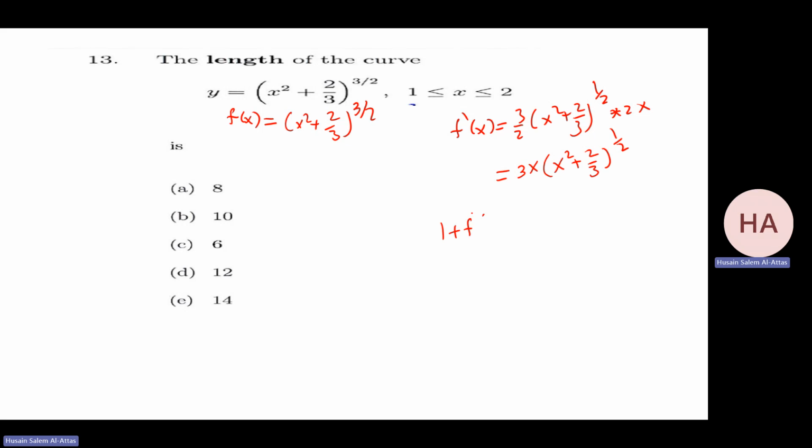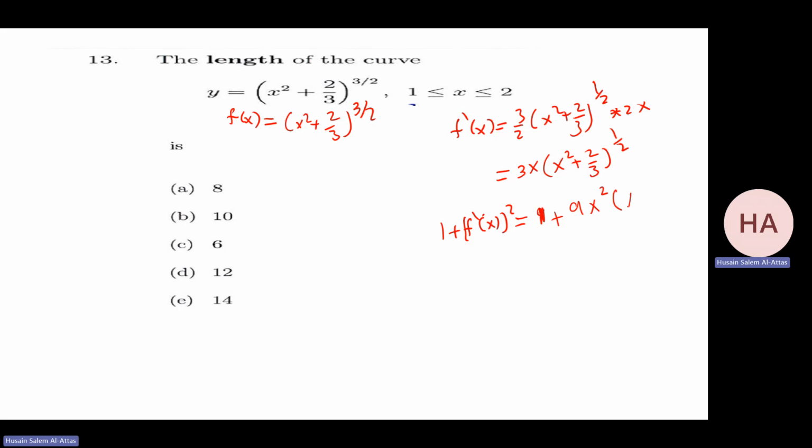What is 1 plus f prime of x all squared? I think I need, okay, let's see. Let me see what will happen. I need this squared. Yeah, is it correct? 3 over 2 times x squared plus 2 over 3 to the power half. Derivative of this is 2x. 2 goes with the 2, so we have 3x. This, okay, that will be 9. 1 plus 9x squared times what?